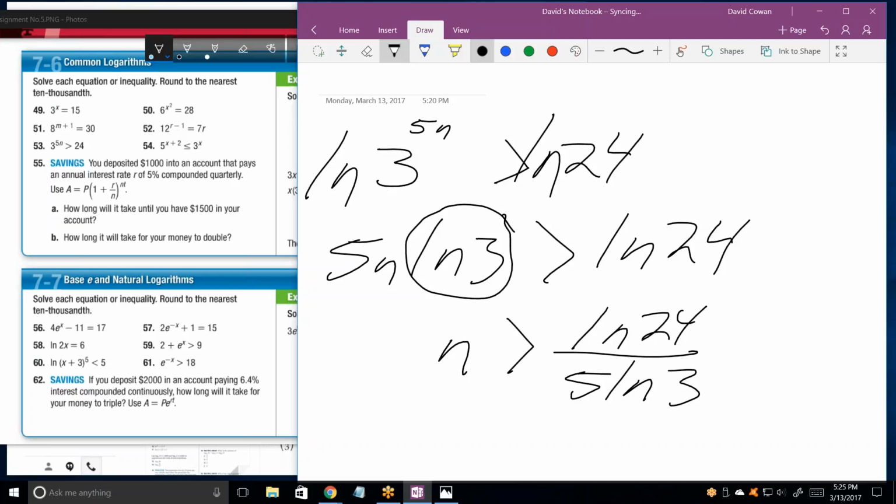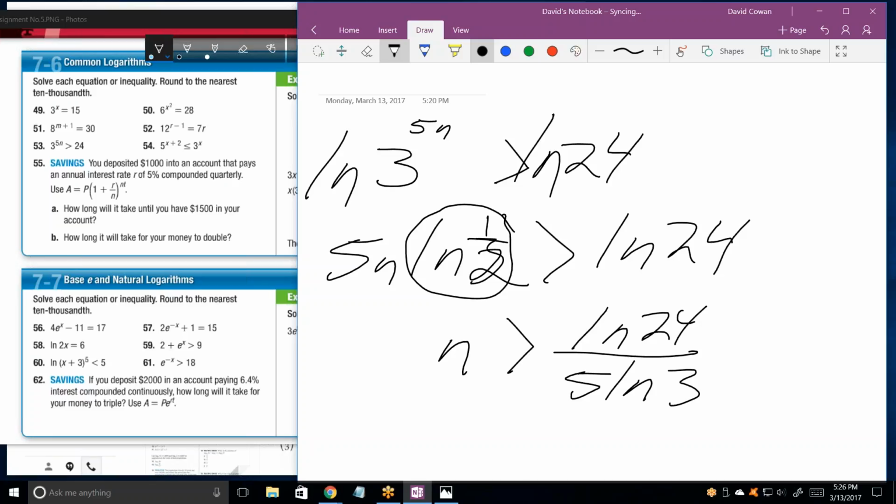In other words, if it was natural log of 1/2, in the next line I'm still going to divide by the natural log of 1/2, but I'm going to turn the inequality sign around because I know that I'm dividing by a negative number.